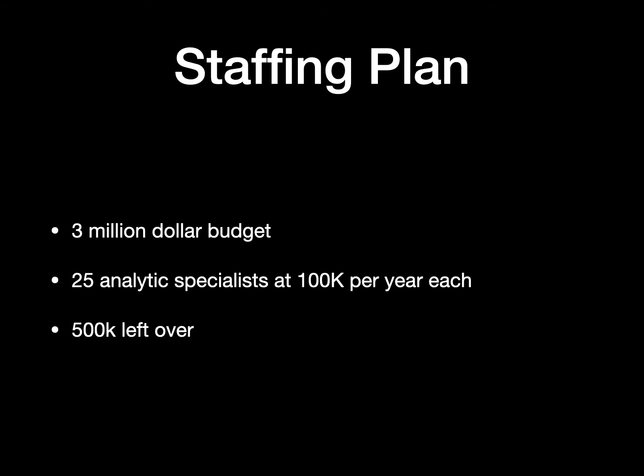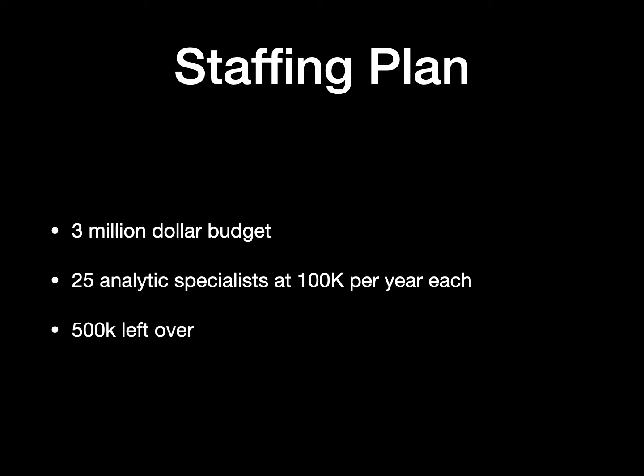Next, we're going to talk about our staffing plan. This staffing plan was created with the $3 million budget that we talked about. Basically, I put in for 25 analytics specialists at 100,000 per year, which is pretty much the starting salary for these specialists.